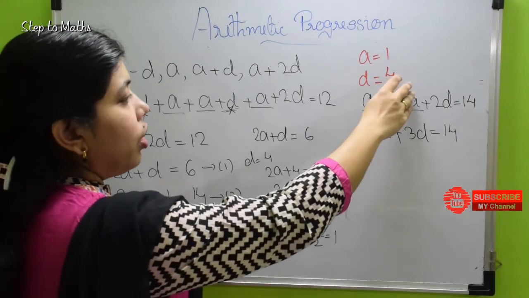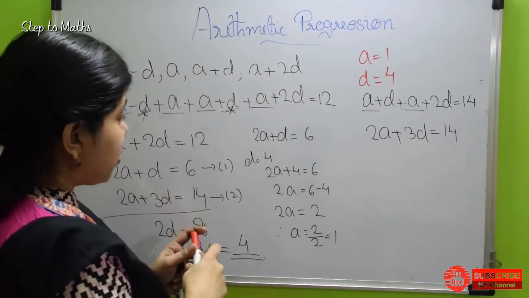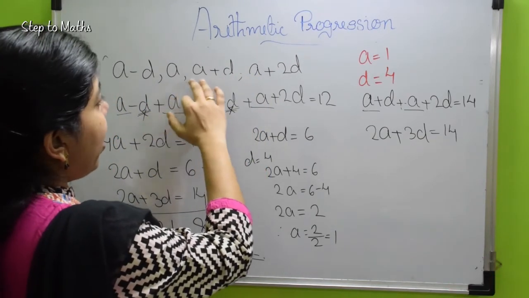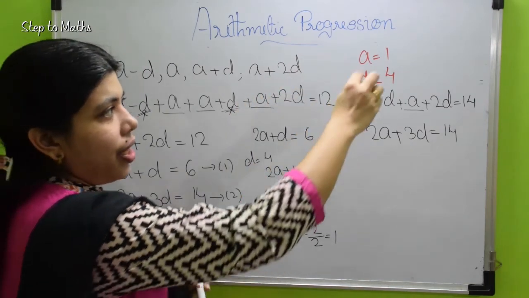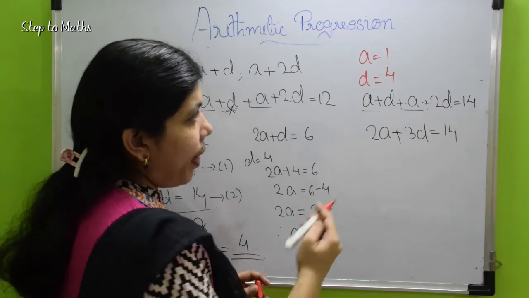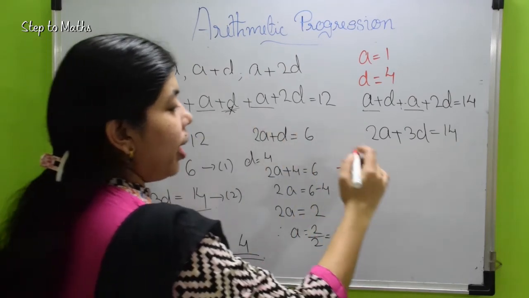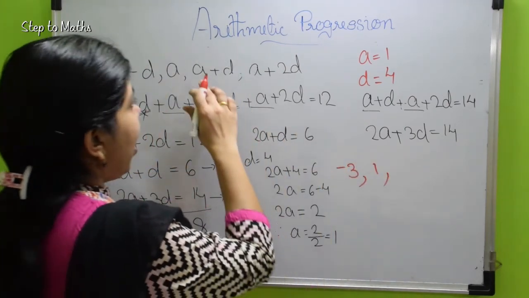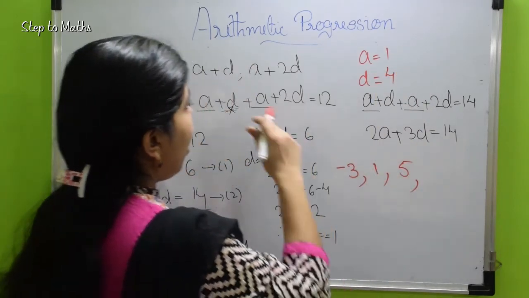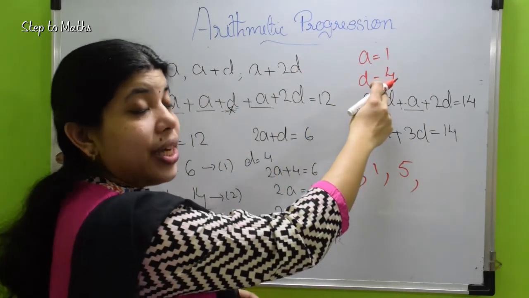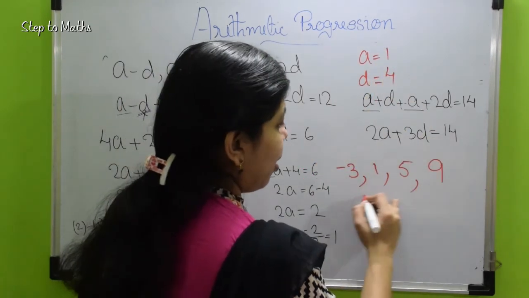Here D has only one value. So the four consecutive terms A minus D, A, A plus D and A plus 2D become: A minus D is 1 minus 4, which is minus 3, A is 1, A plus D is 1 plus 4, which is 5, and A plus 2D, where 2D is 4 into 2, 8, and 8 plus 1 is 9.